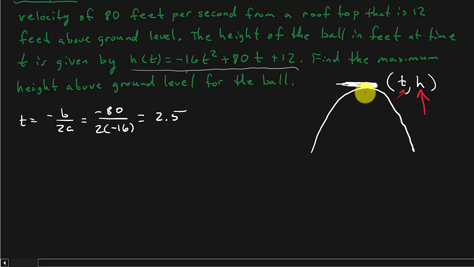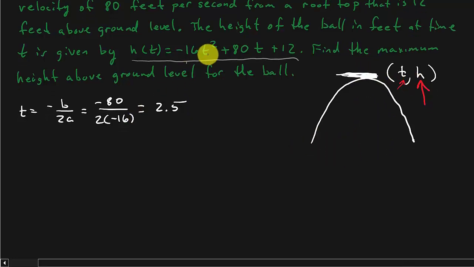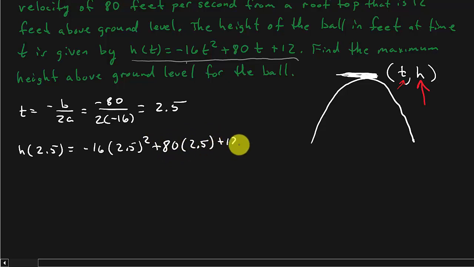So that is this t value here. That's at what time. Now to find h, I'm going to plug this in for t. So h of 2.5 is equal to negative 16 times 2.5 squared plus 80 times 2.5 plus 12.